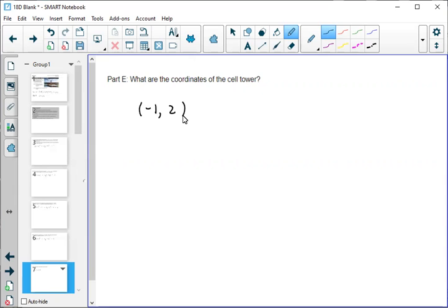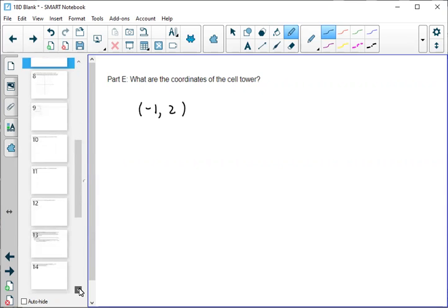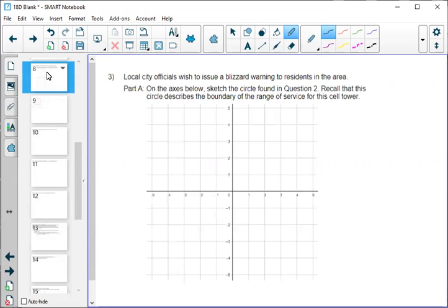So let's scroll down. Number 3, local city officials wish to issue a blizzard warning to residents in the area. On the axes below, sketch the circle found in question 2.